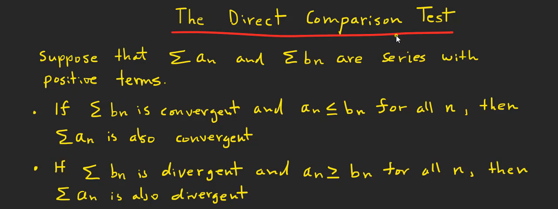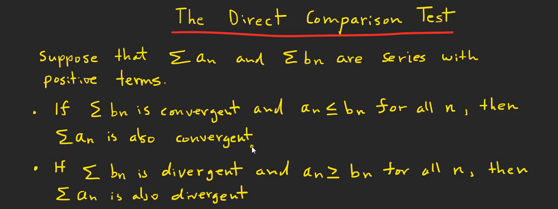The direct comparison test says that suppose that infinite series of a of n and b of n are series with positive terms. If the infinite series of b of n is convergent and a of n is less than or equal to b of n for all n, then the infinite series of a of n is also convergent.